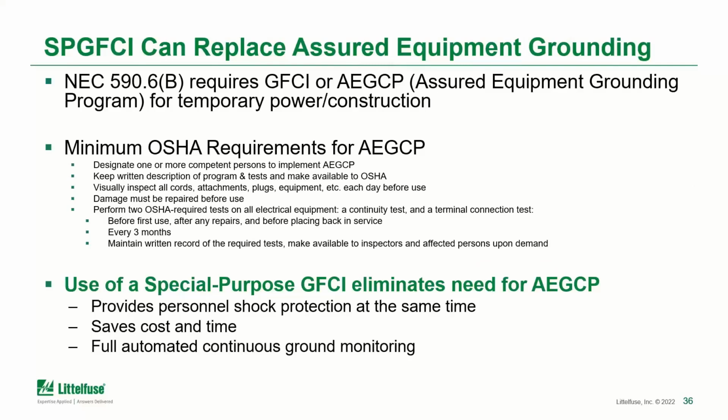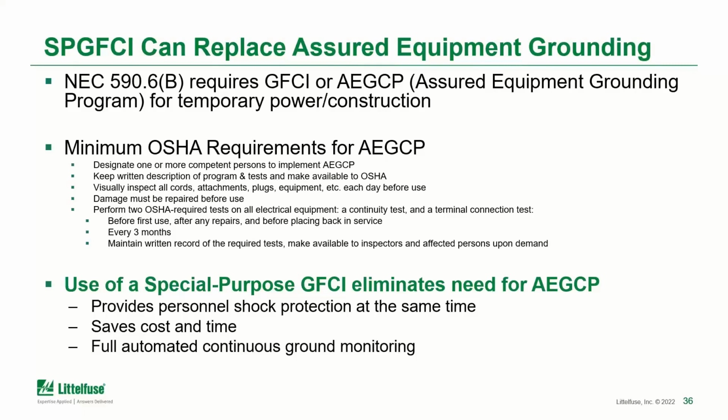Okay, now one of the questions we asked at the beginning was about the Assured Equipment Grounding Program, and this is in the same vein of what we've just been talking about. So the ground monitoring circuit is to make sure we have a low impedance ground, which is the same goal of this program.